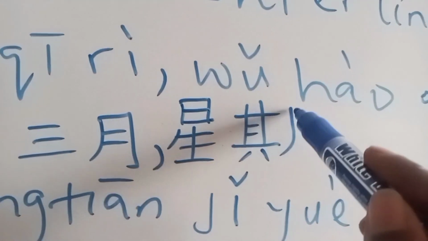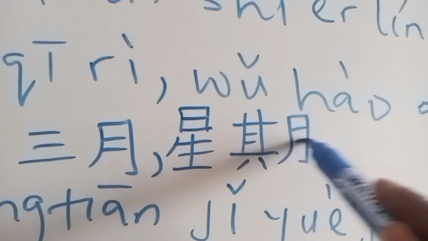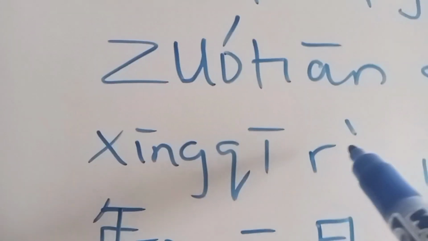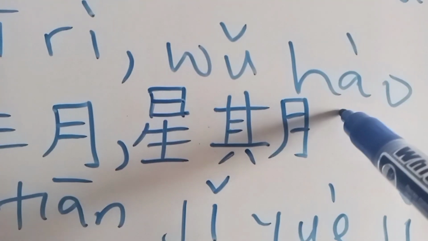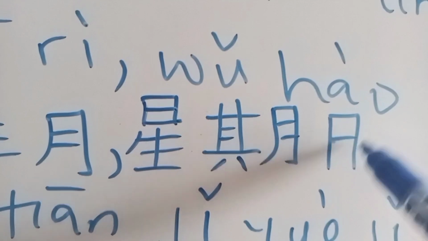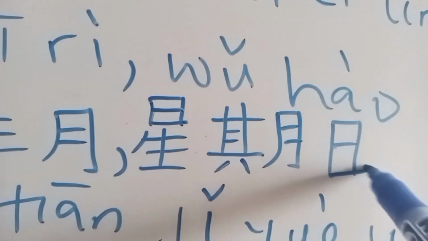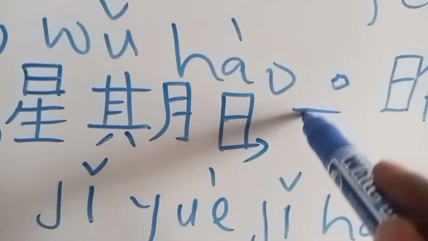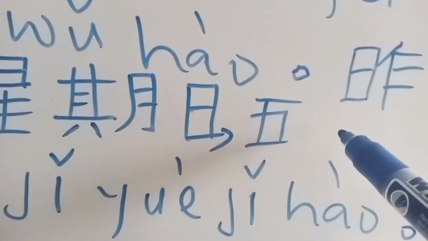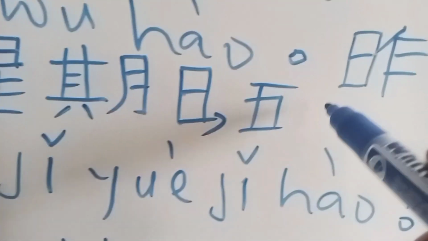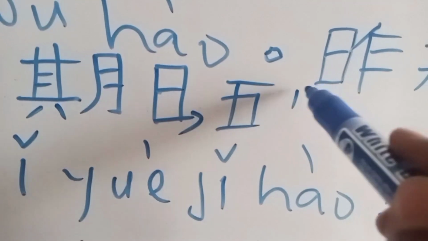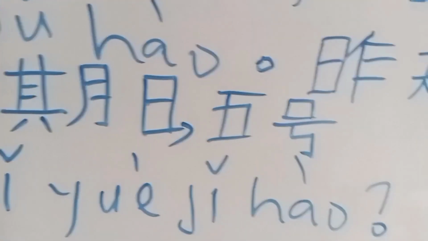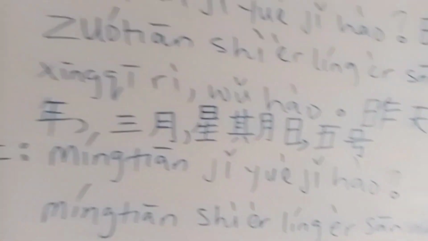And then this yue. It is the two of them. That is 期. 星期日 is this. 星期日. Then our comma. And wu how. Wu, we did wu when we were doing Chinese numerals. Wu how. This is how to do how. Wu how. So we are done with that.